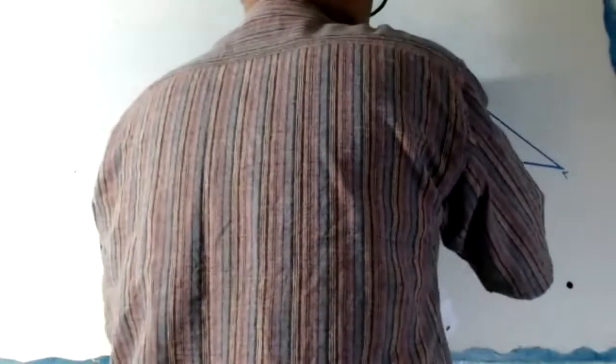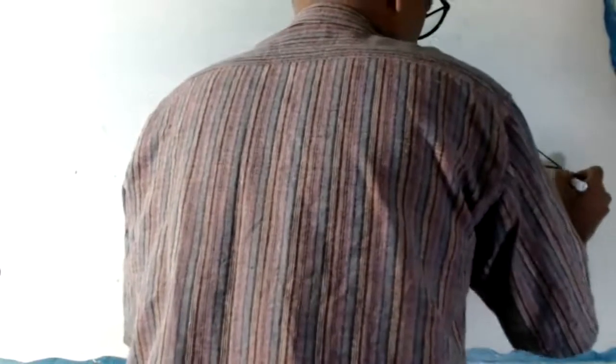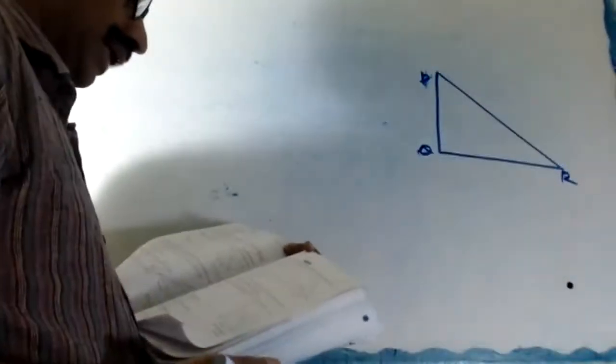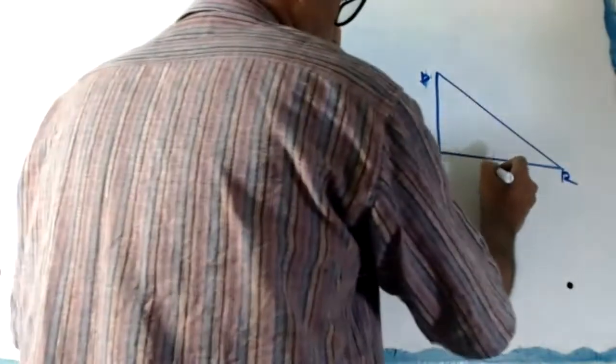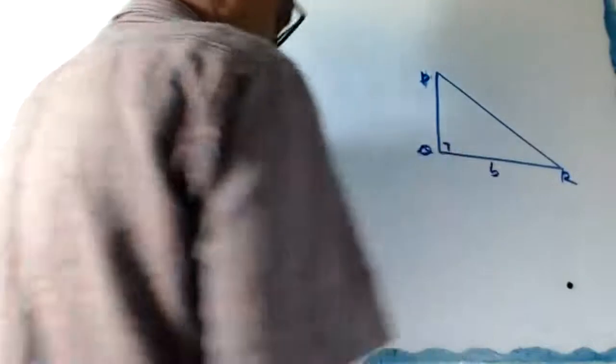A means capital A, okay? Not A, B, C. No, P, Q, R. A is the area of a right triangle, and b is one of the sides containing the right angle. This is b here.